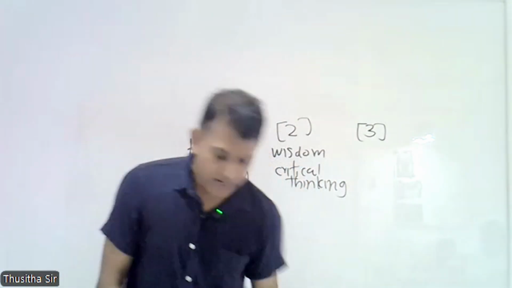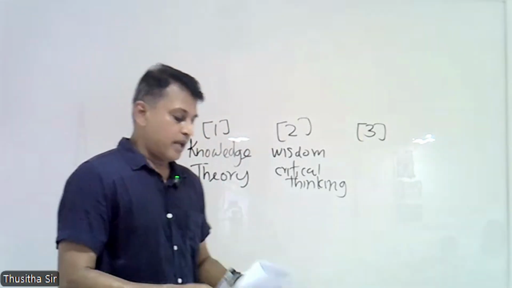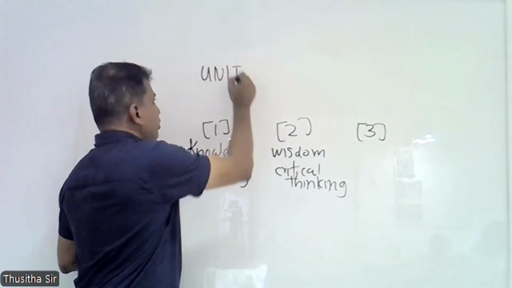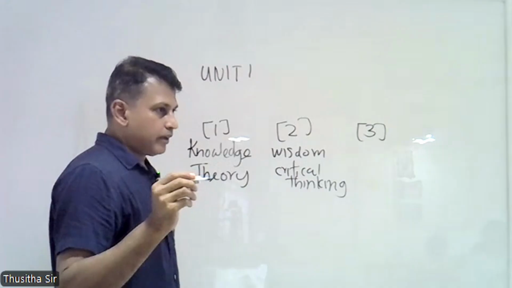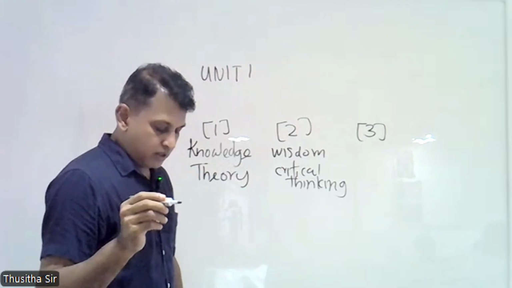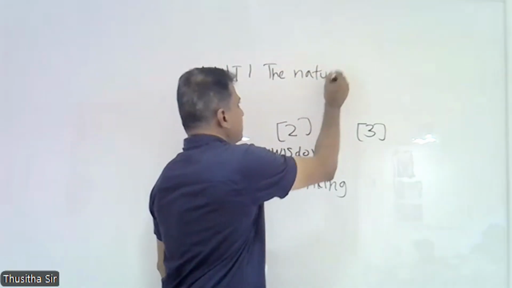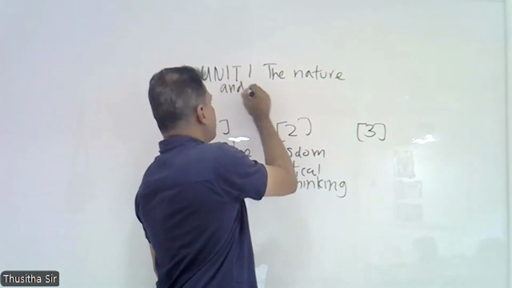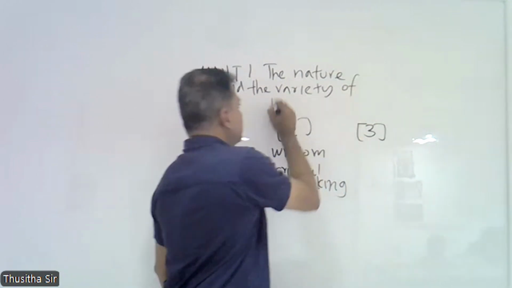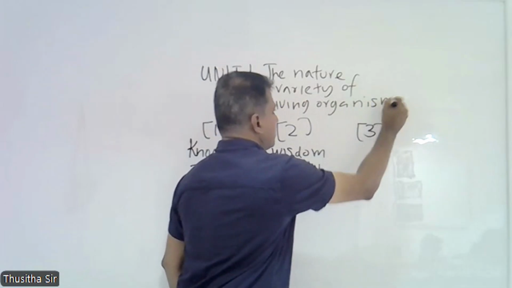So now write in your notebook the heading of the lessons. That's Unit 1, the nature and the variety of living organisms.